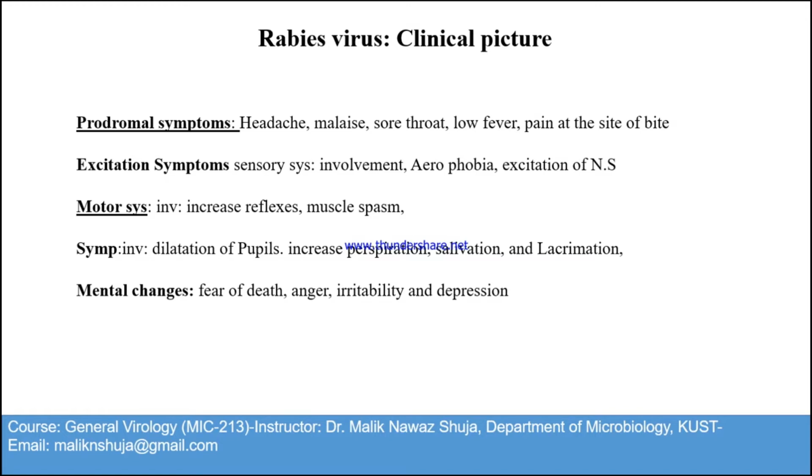like this, and then prodromal symptoms here are followed by the excitation symptoms. So from one stage to another stage, the symptoms develop, in which stepwise they are progressing. Initially, headache, malaise.